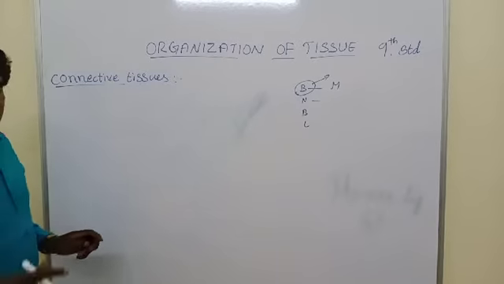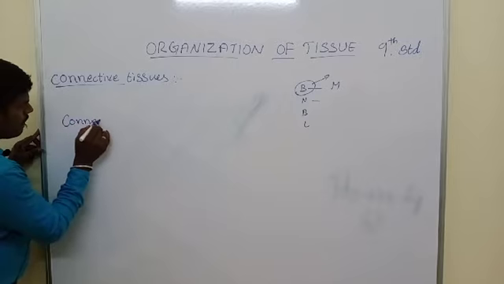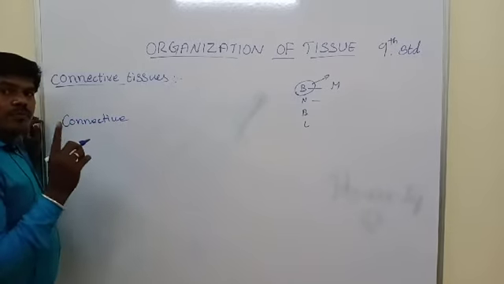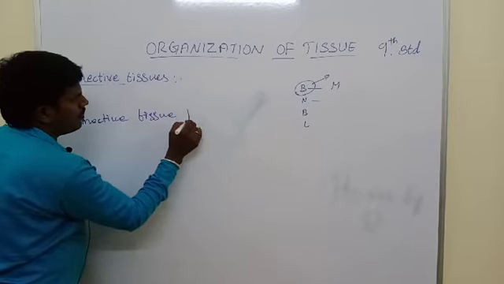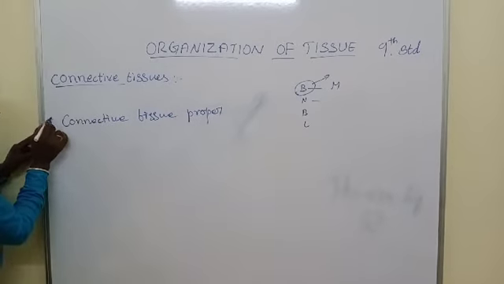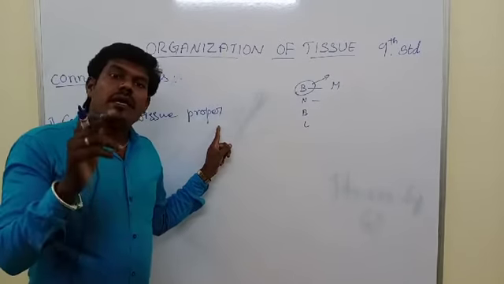Connective tissue is classified. The first one is connective tissue proper. You have two kinds.